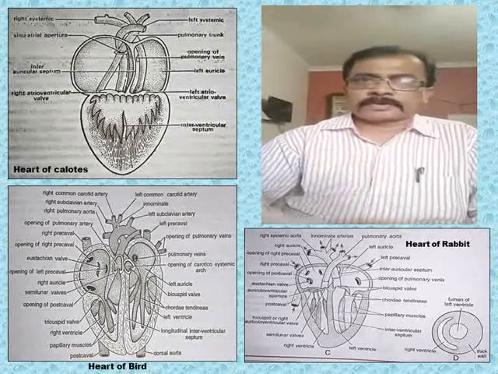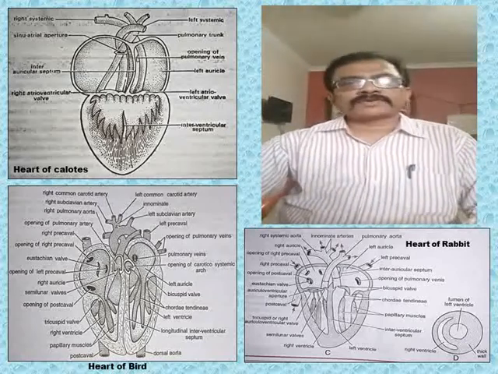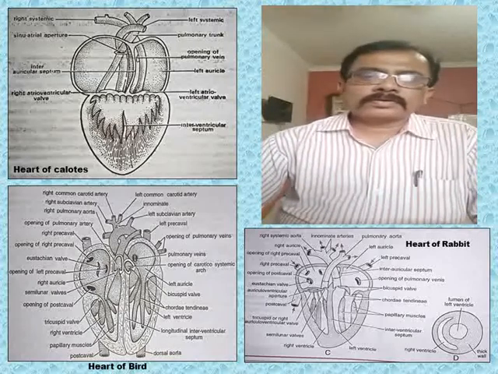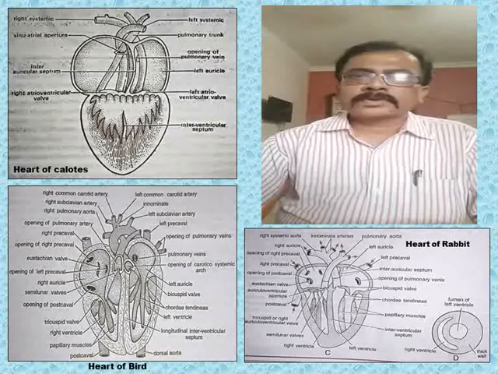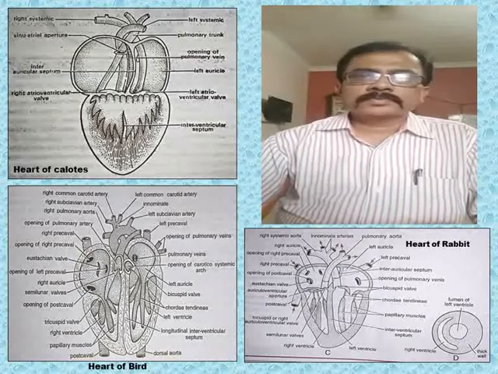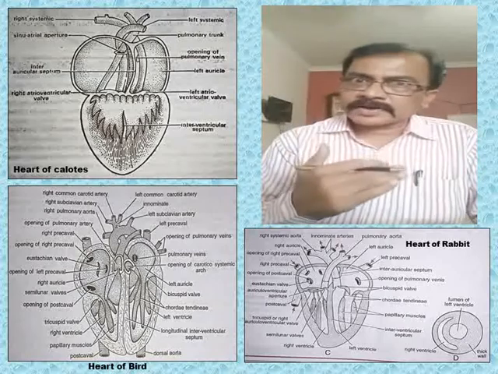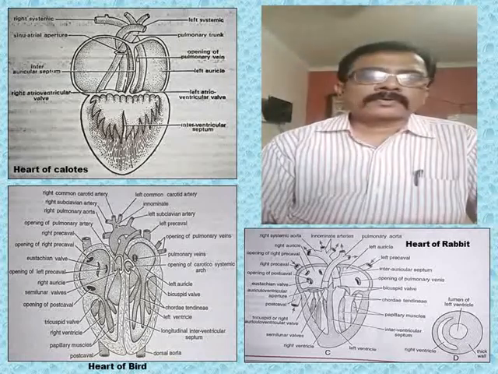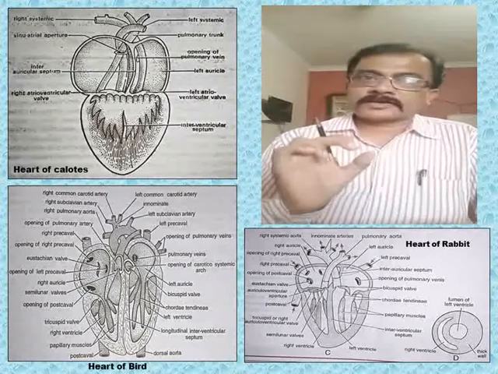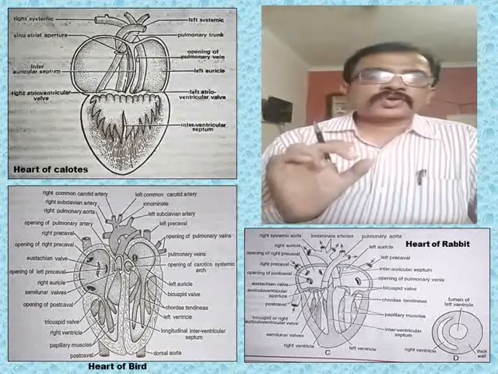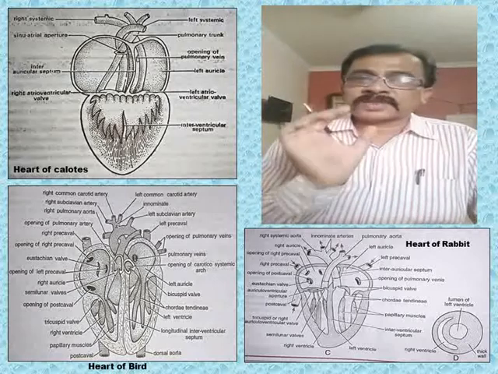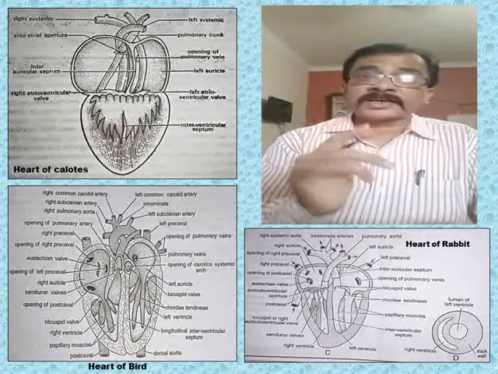Then the next chamber, that is the ventricle. Small, conical, thick walled, located behind the auricle. An oblique muscular septum divides it incompletely into two chambers.